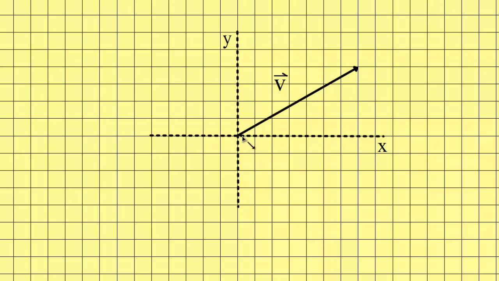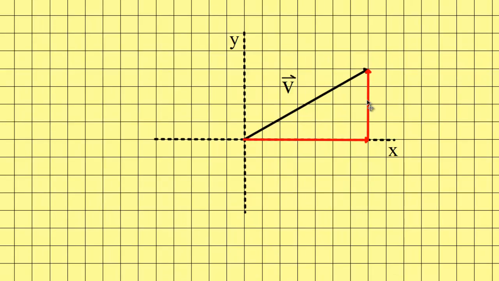And to do that, we draw an arrow on the x-axis that represents this vector. This vector has a component in the x direction. It also has a component in the y direction, and we use these components to find our magnitude when we use the Pythagorean theorem. So this component right here is the y component.